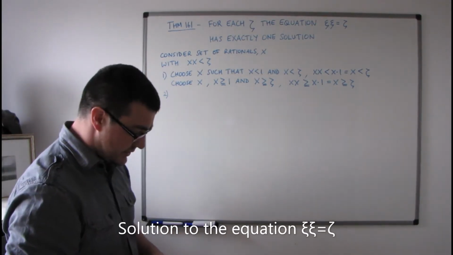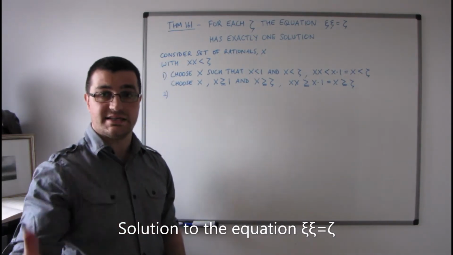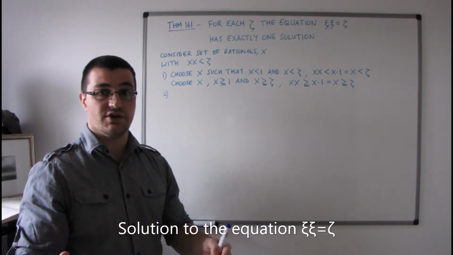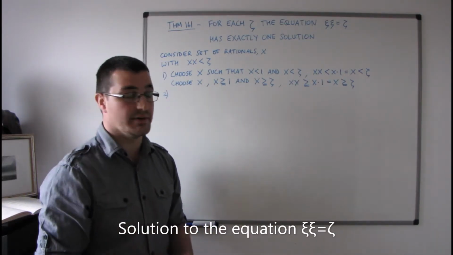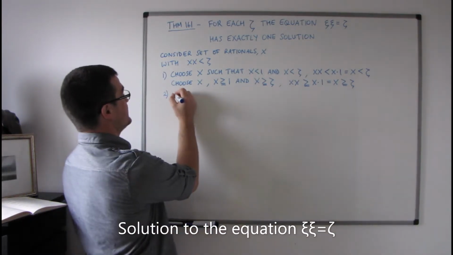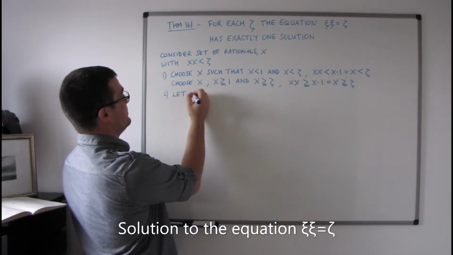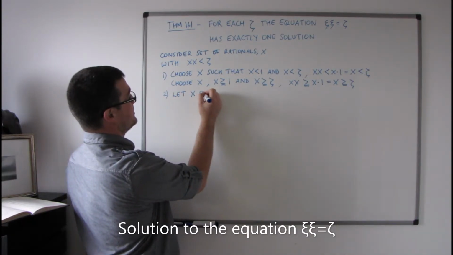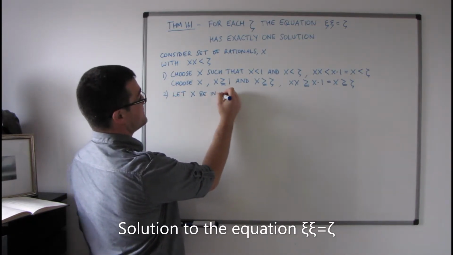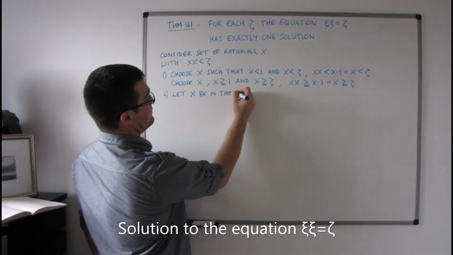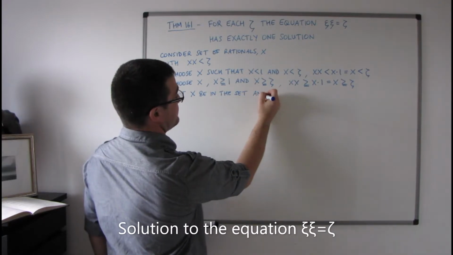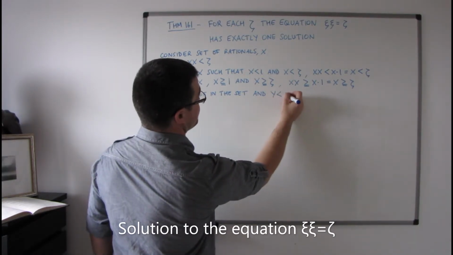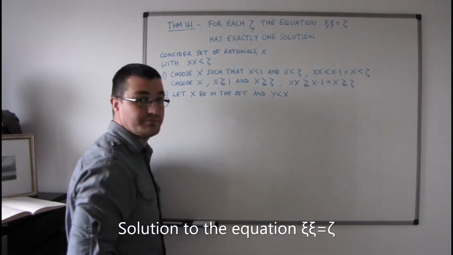For part 2, we need to show that for every number that is in the set, every number that is less than that chosen number is also in the set. So let x be in the set and y less than x.